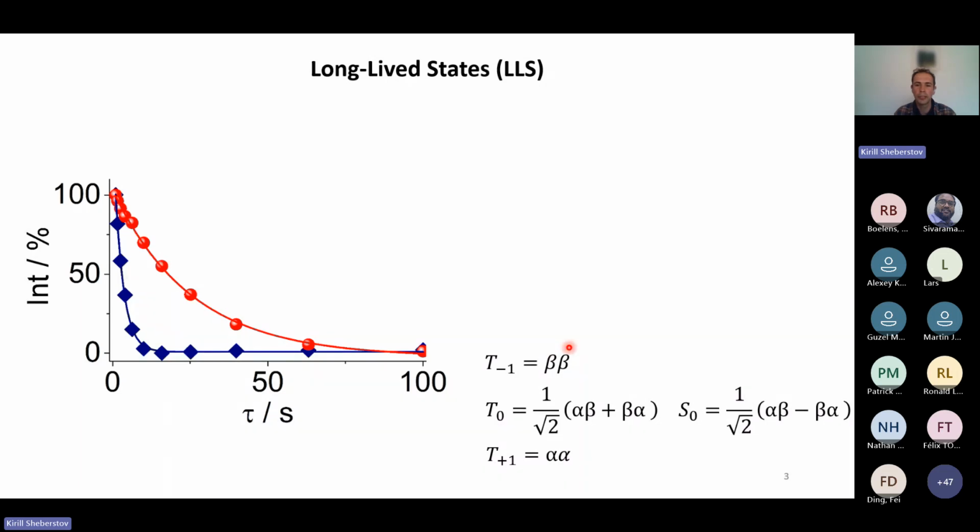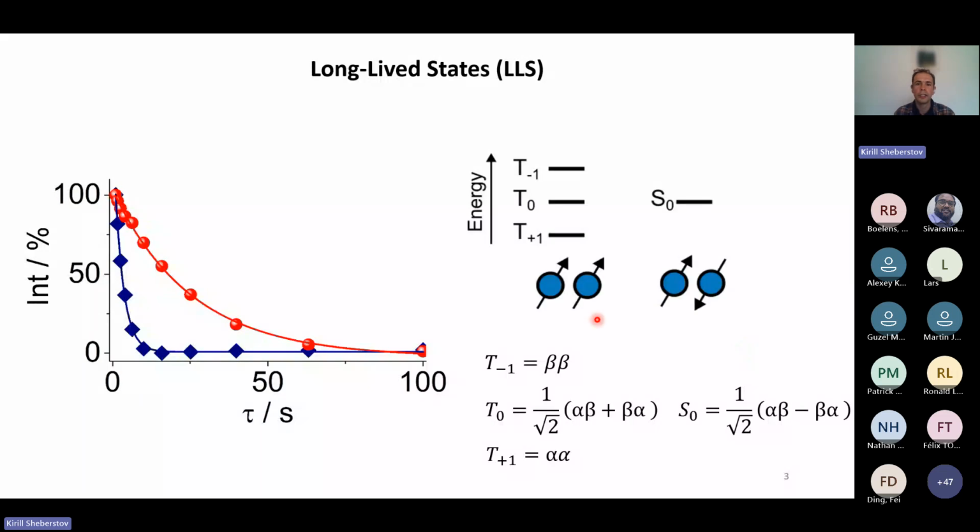So the triplets are symmetric with respect to permutation, and the singlet state is antisymmetric with respect to permutation of the two spins. It turns out that relaxation, which is driven by fluctuating terms which are symmetric with respect to spin permutation, can induce relaxation within the triplet manifold, but cannot induce transitions between states with different symmetry, providing a background for long-lived states.